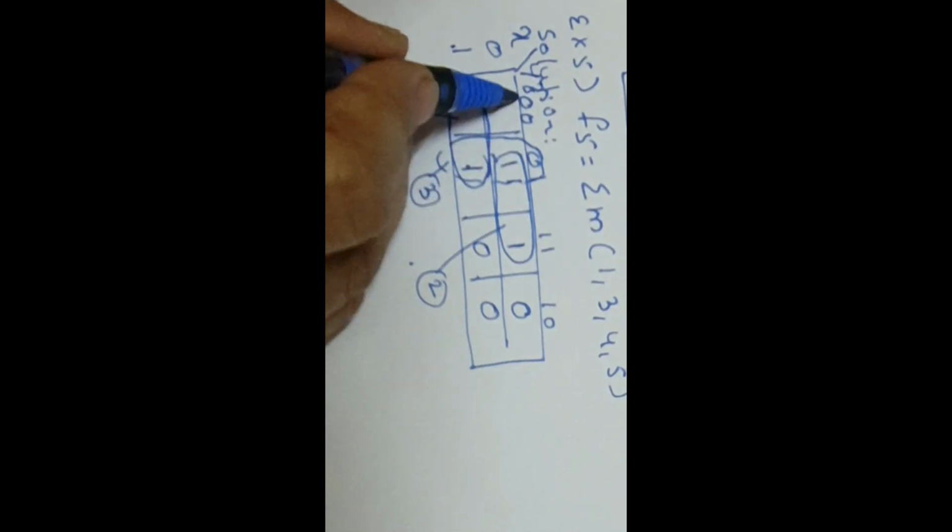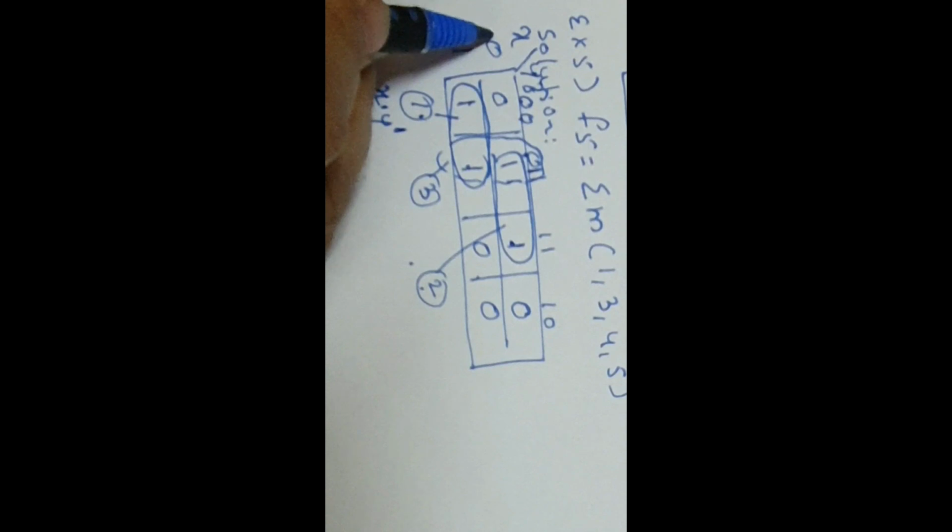What is it with respect to group 1? These two ones are in this row, hence it is X, and these two ones are in two columns, here 00, here 01. So this 0 is common, and with respect to Y, it is Y dash. This is the prime implicant for the first group.